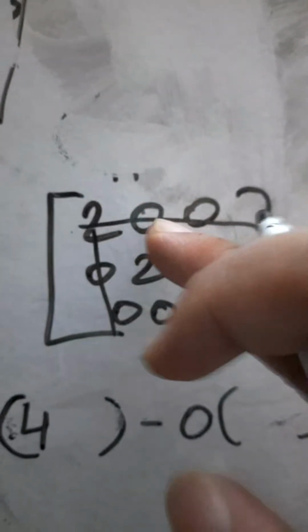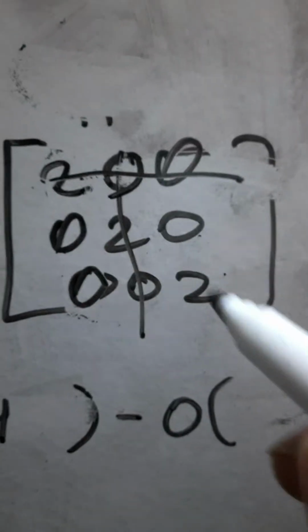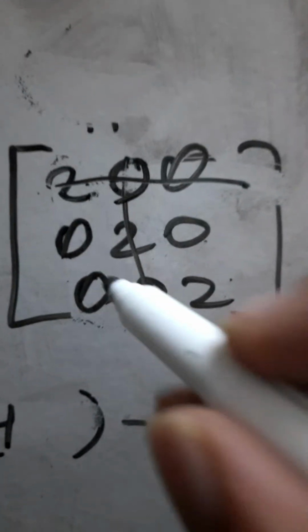So if we are taking this element, oh sorry, let me just erase this. 2 0 0, 0 2 0, 0 0 2, yeah, 0. So this element we are taking, second column of the first row, so we are taking this 0 into 2 0 minus 0 into 0.